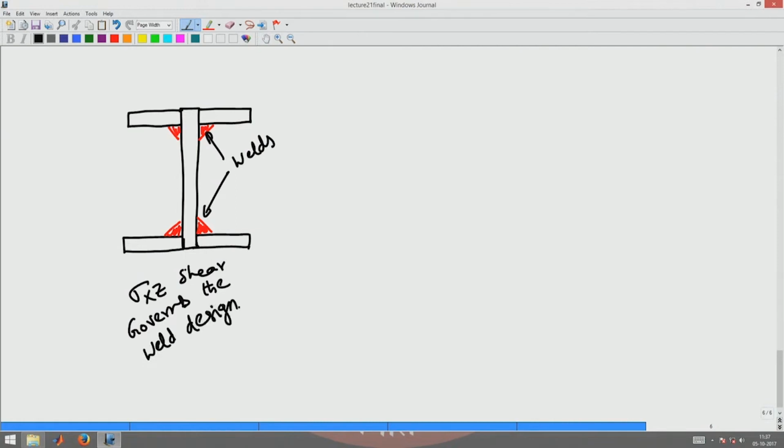In contrast to this, I can make an I section like this, where I have a through plate for the flange, a through plate for the web, and a through plate for the bottom flange too. Here again, I am going to weld at this interface.